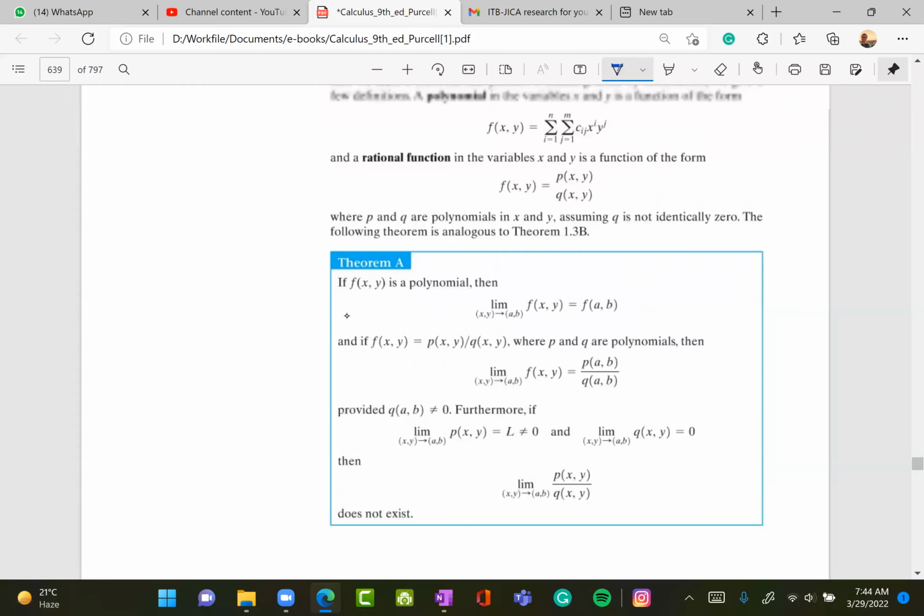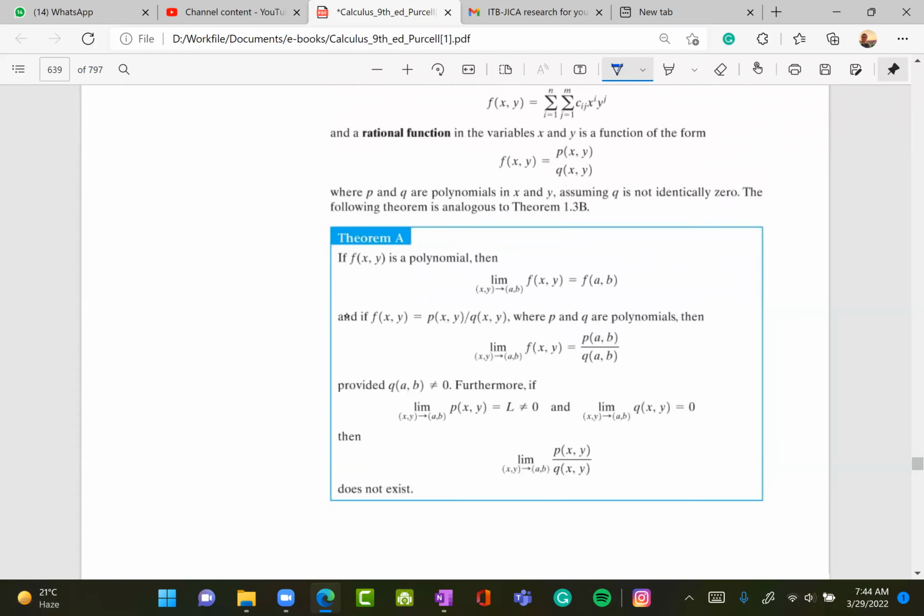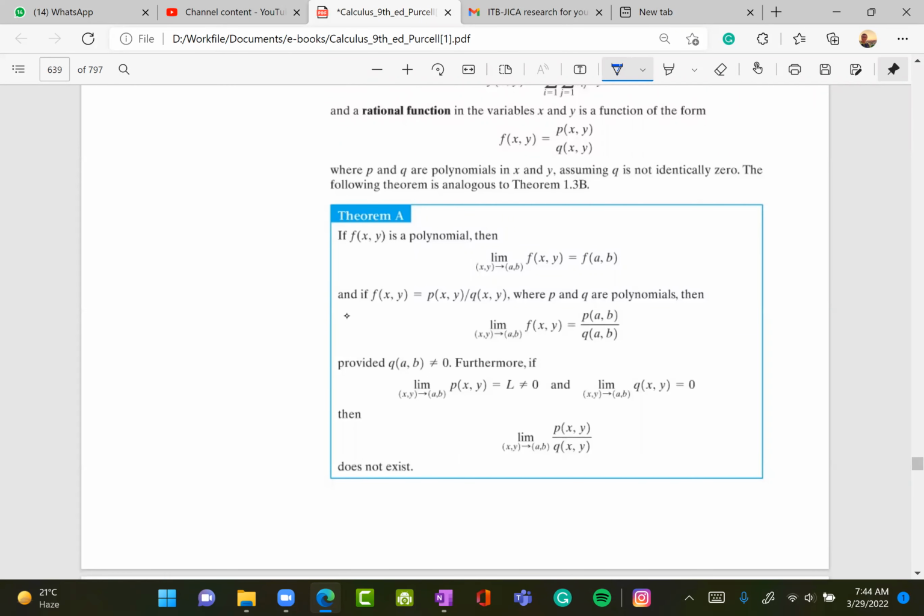If f is a polynomial, then the limit is just you plug in the number as usual. If f is a polynomial over polynomial, so a rational function in two variables, then the limit is again you plug in the number, provided that the denominator is not zero.